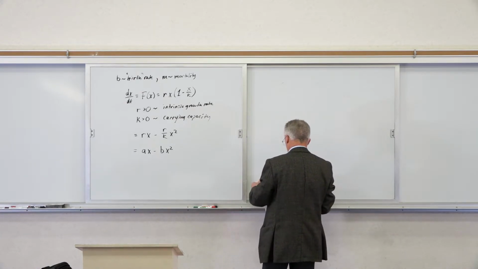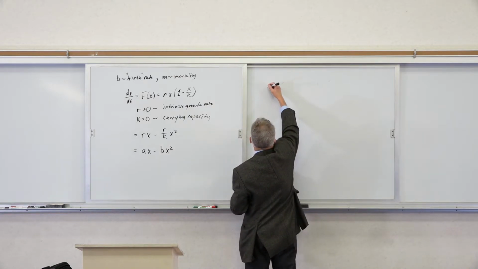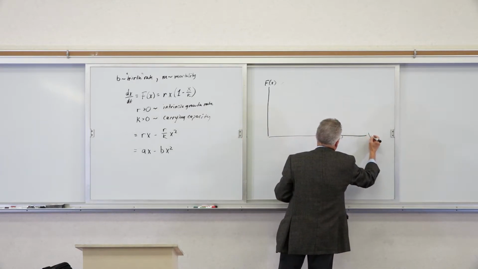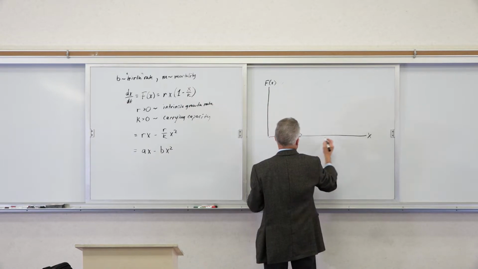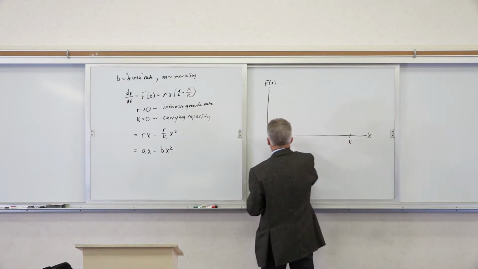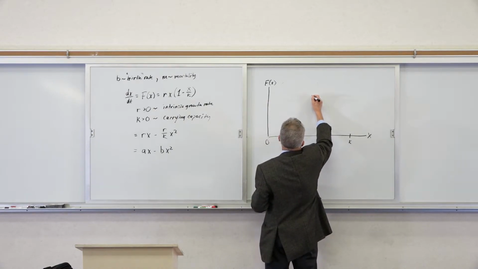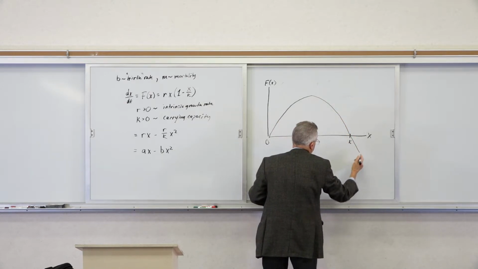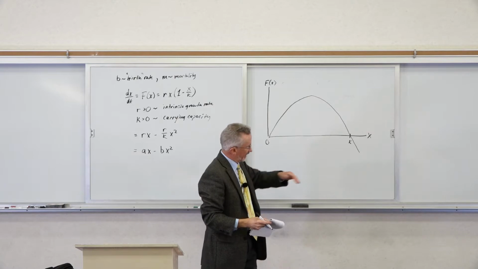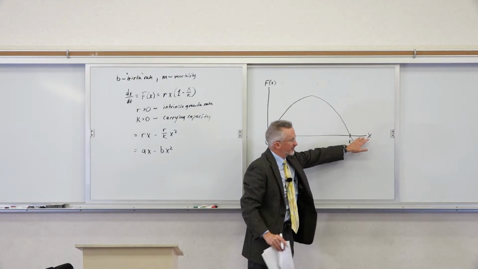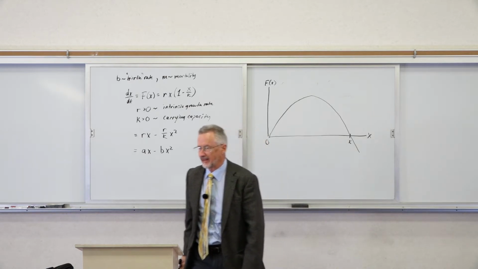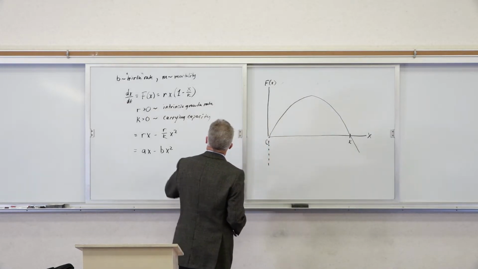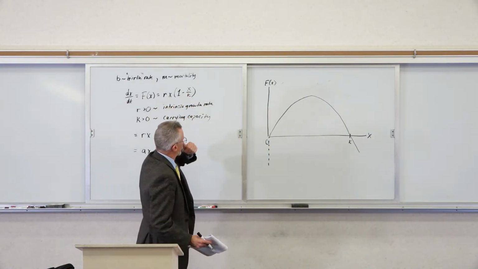Great, so we can put growth rate of the population here, population here, and k, 0. And this part makes sense. It's possible for the population to exceed the environmental carrying capacity. But if it does, the population growth rate is going to be negative.